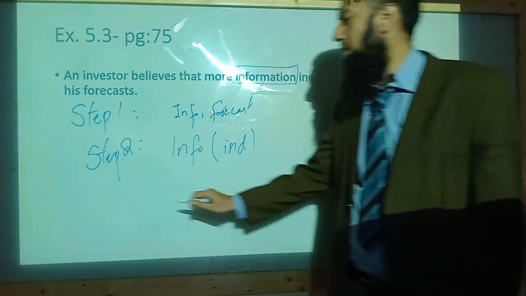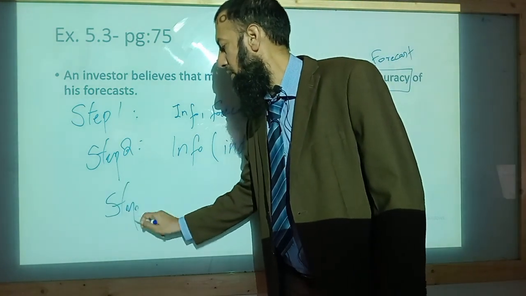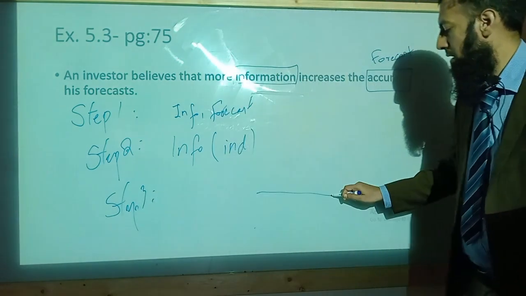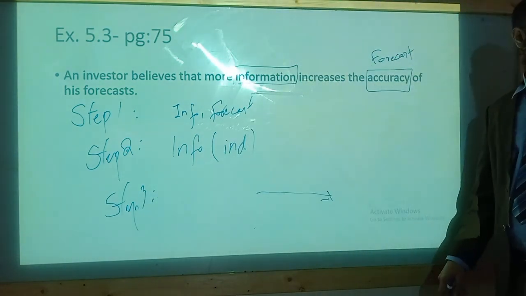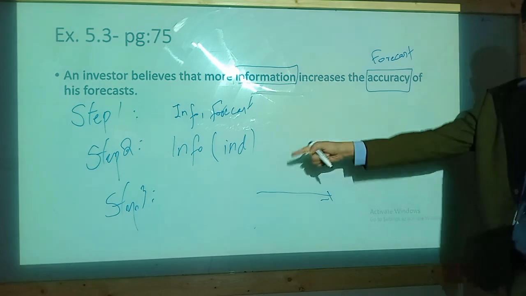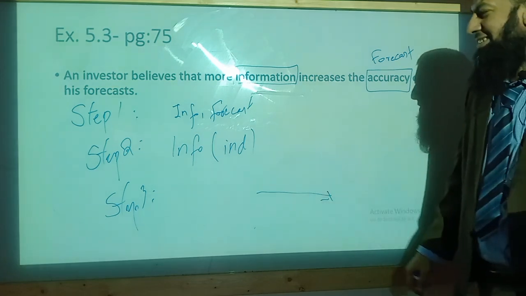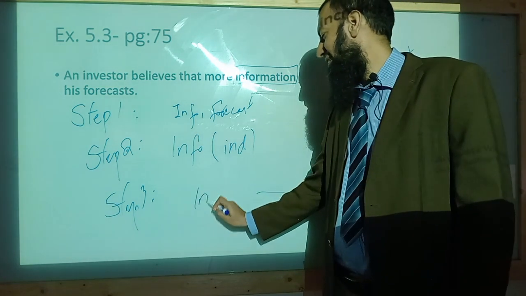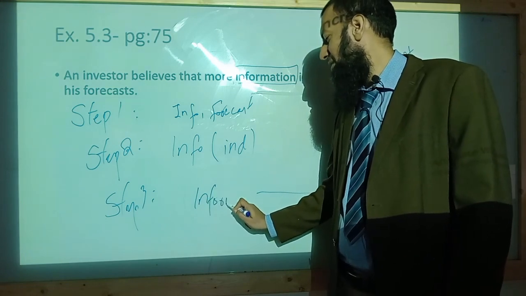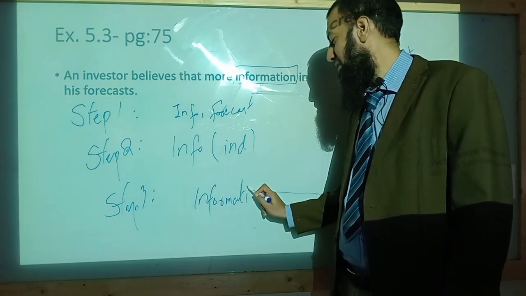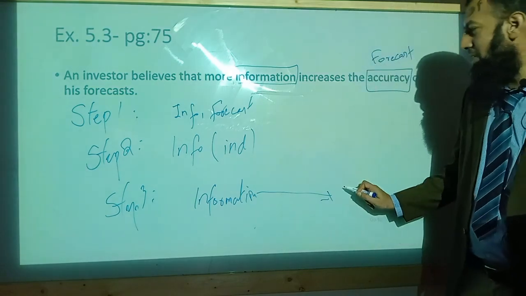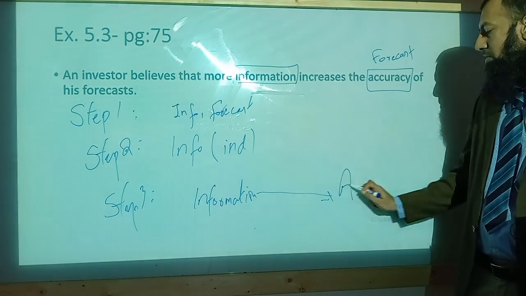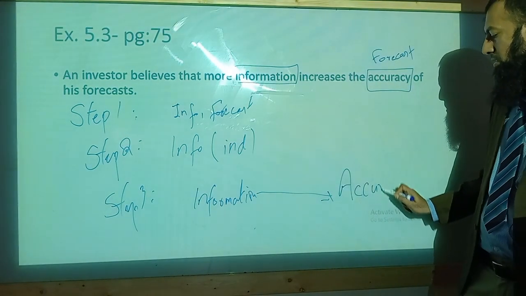Okay. Step 3 is model. Info. Where should the info come? Here or there? Good. Information and this forecast accuracy.